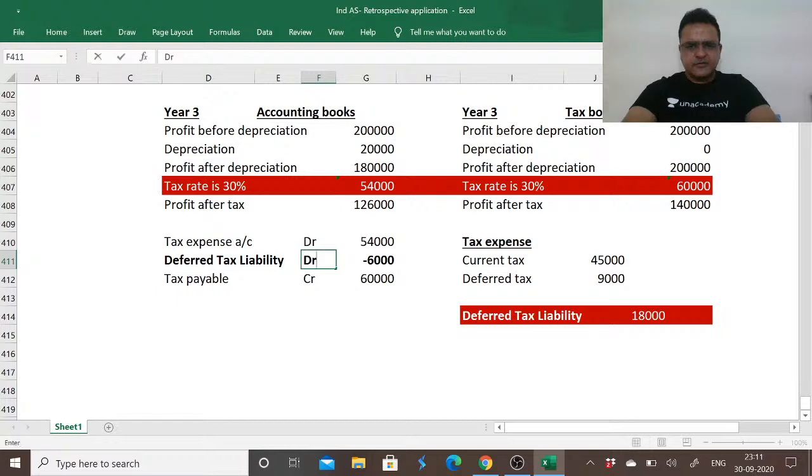We'll be reversing the liability, debit 6,000. The tax expense is 54,000, but current tax payable is 60,000, and deferred tax is reversing the liability, a credit of 6,000. This is the impact in year 3, and the deferred tax liability balance reduces by 6,000, that is 18,000 minus 6,000.